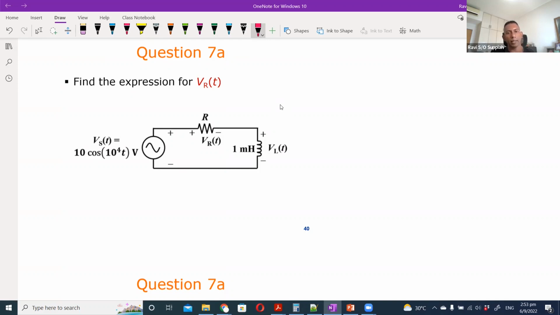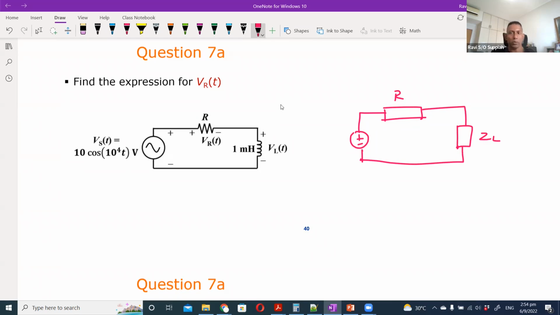If you think of this as a DC circuit, and I redraw it with R here and another component here, in this case the inductor, I call it ZL, then VR is nothing more than the voltage divider rule. But in order to apply that very simple rule, I need to go through the process of converting it.